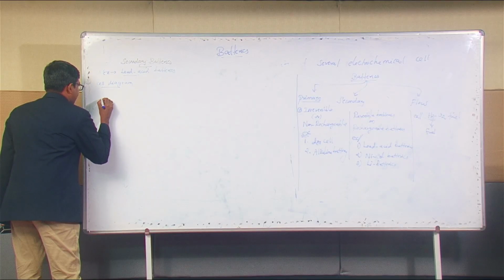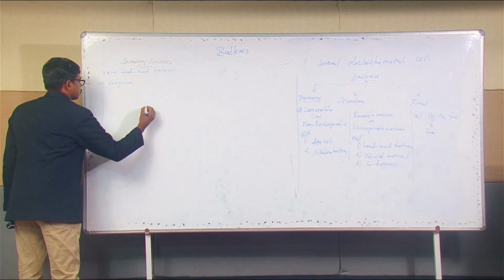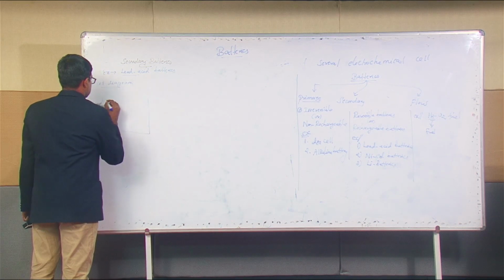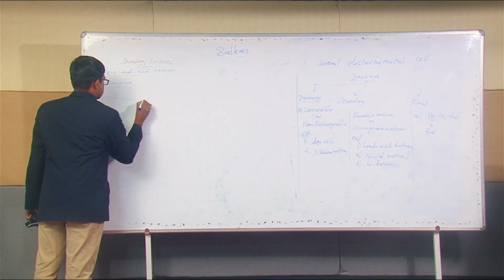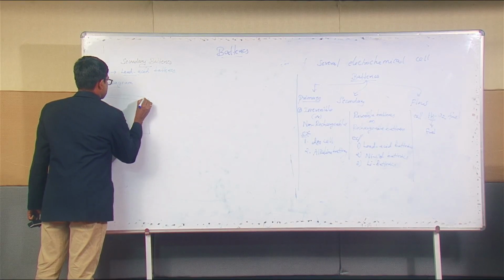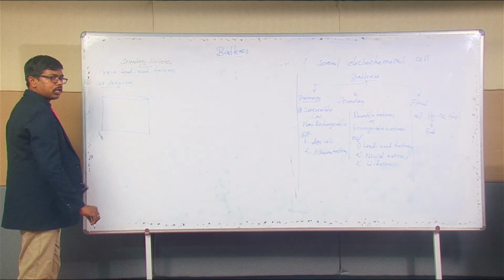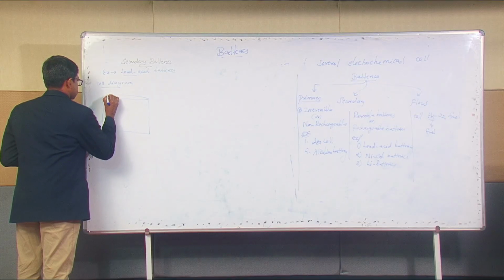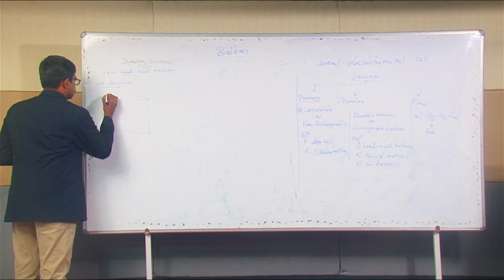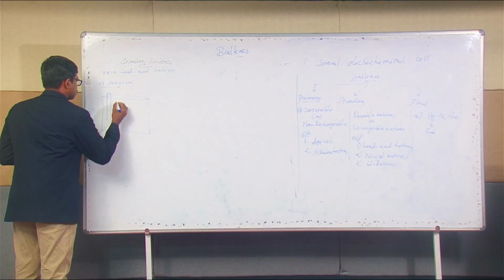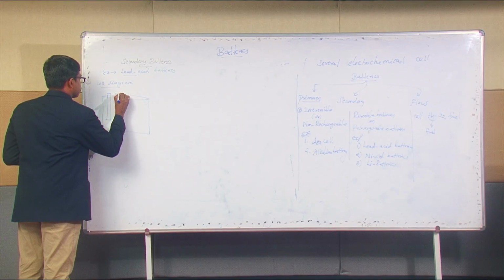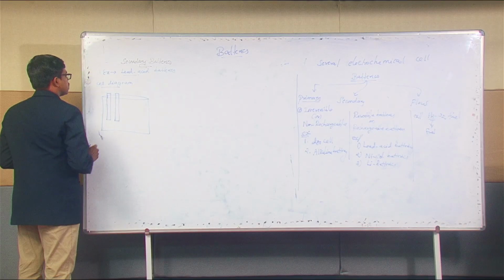I draw the block diagram of a secondary battery. Take a polypropylene container, because we are using an acid. A pair of electrodes is immersed in it.